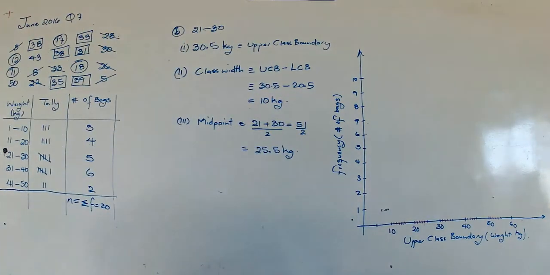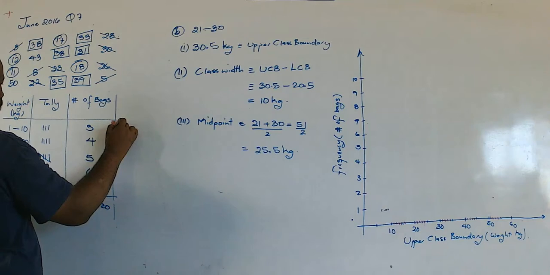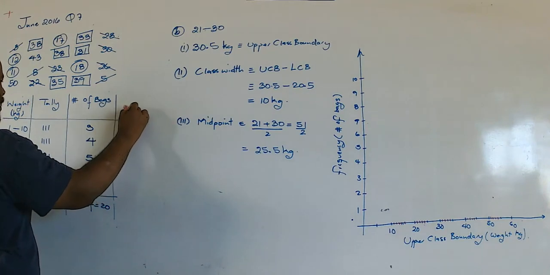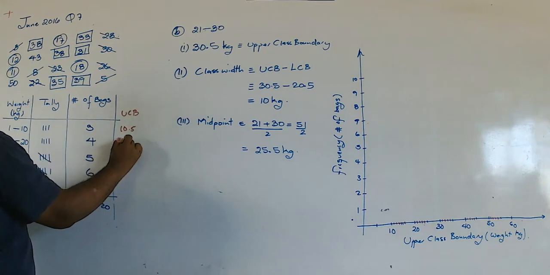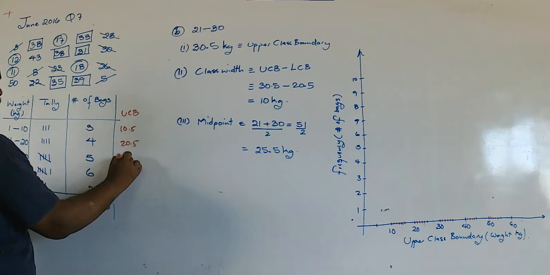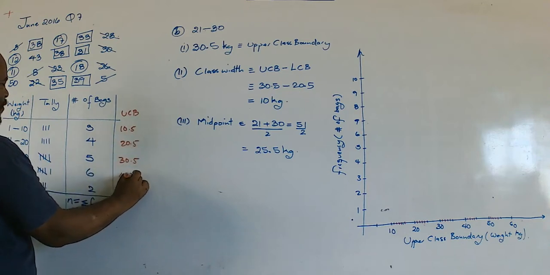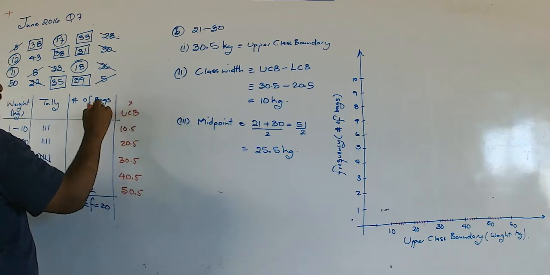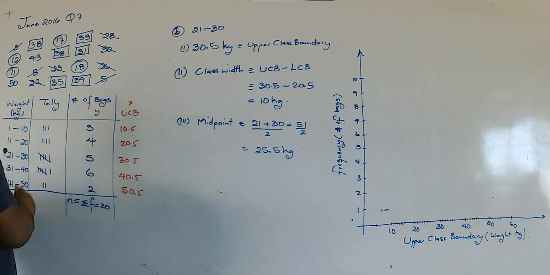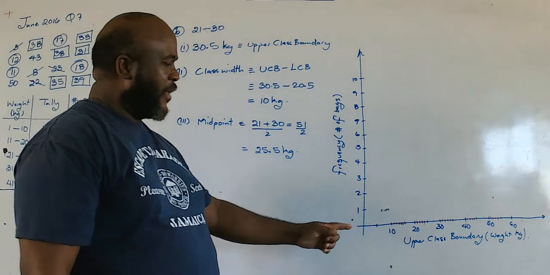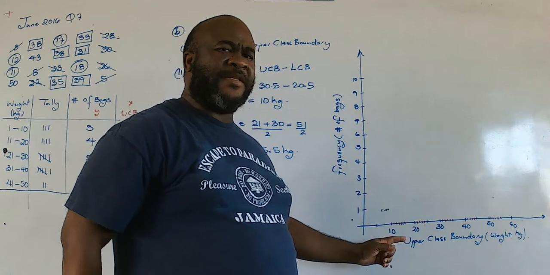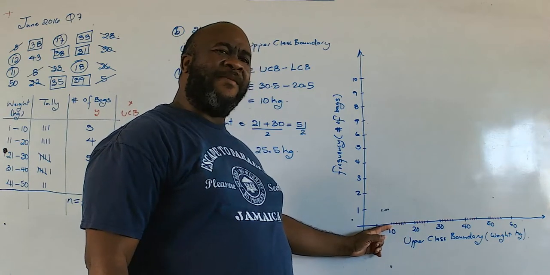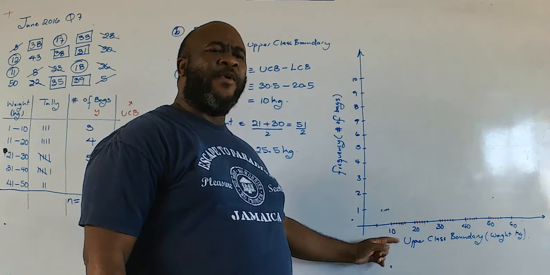But what are the points we are plotting? We're plotting the upper class boundaries 10.5, 20.5, 30.5, 40.5, 50.5. These are my x values and these are my y values. Down here, please listen. This is 10, and immediately after 10 is 11. Where is 10.5?